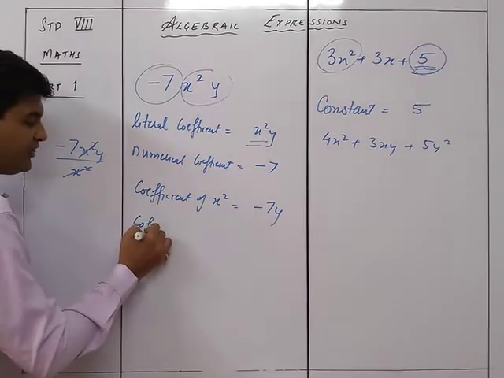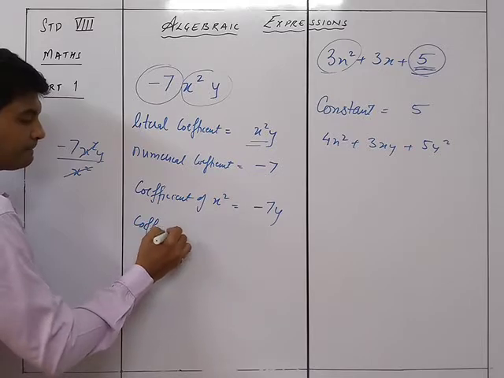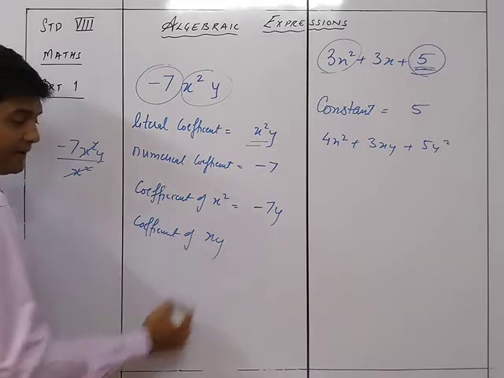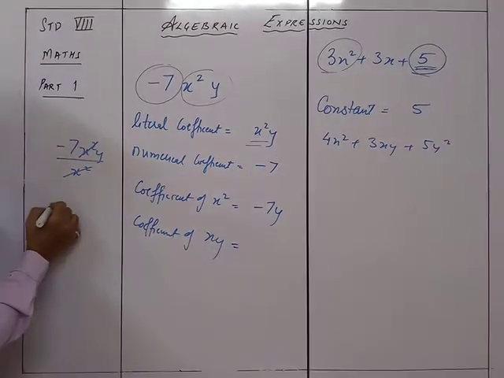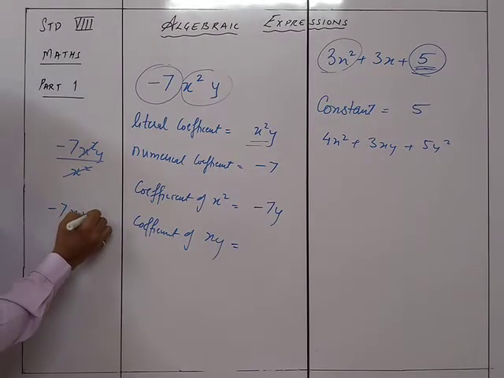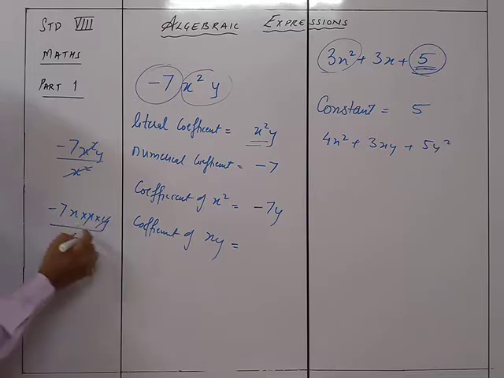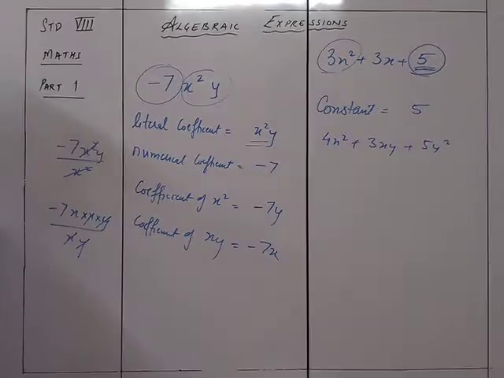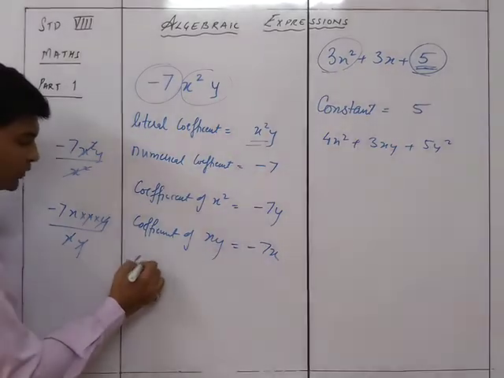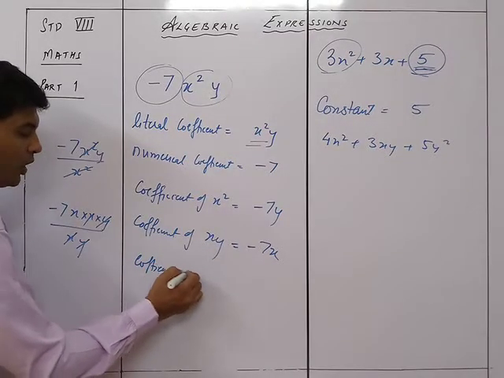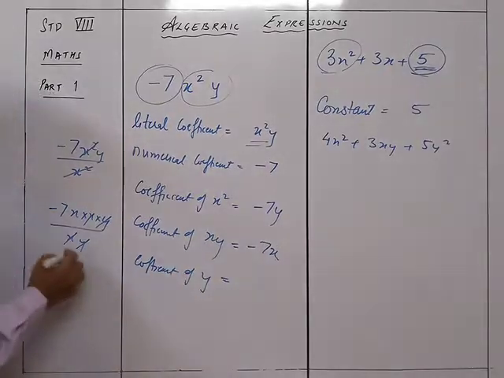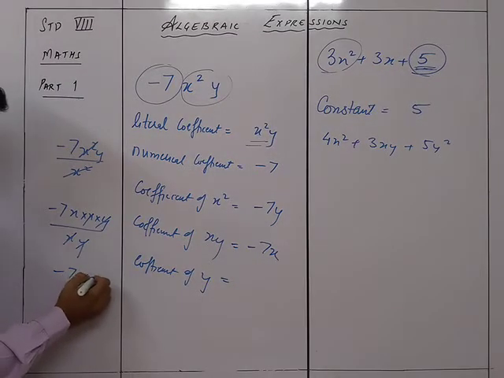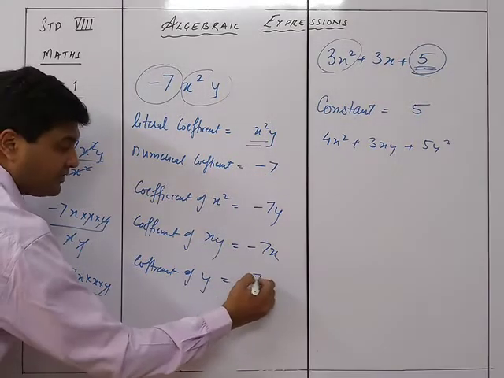Similarly, what will be the coefficient of xy? It is minus 7x into y upon x into y. So x and y get cancelled. What is remaining is minus 7x. Similarly, what is the coefficient of y? It will be minus 7x square y upon y. So y cancels, and it is minus 7x square.